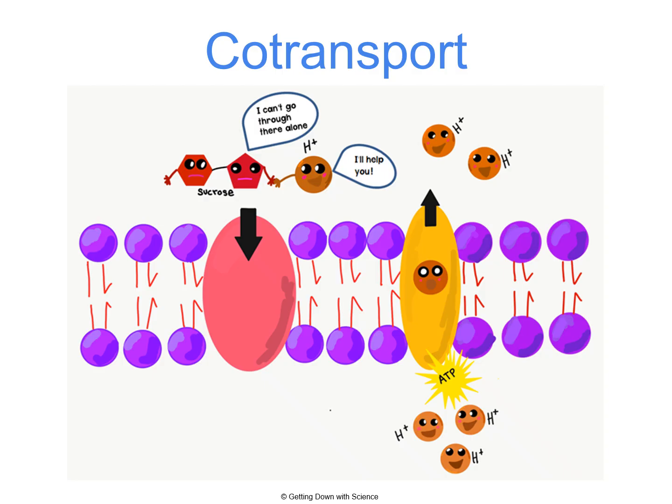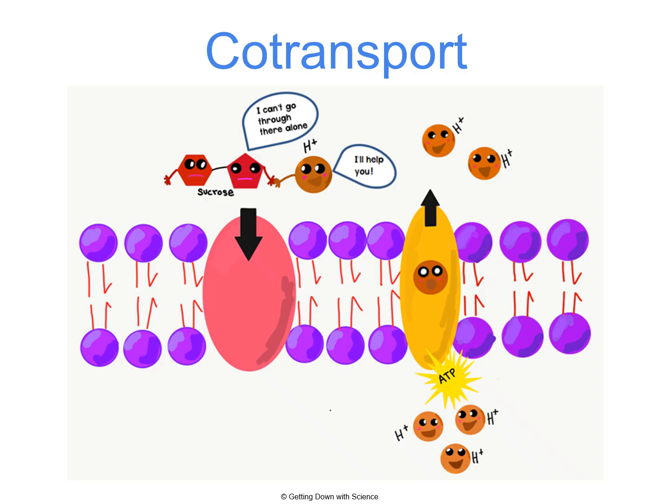However, this sucrose will be paired with or coupled with the hydrogen. So when hydrogen ions go in, they are going from high to low. However, sucrose is going to move in the opposite direction, which is low to high.